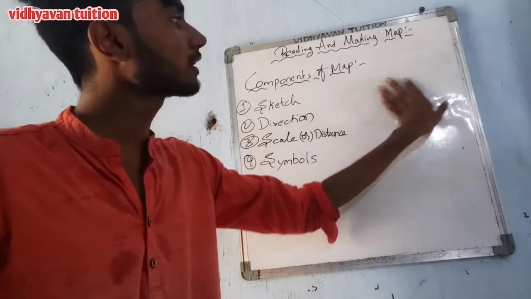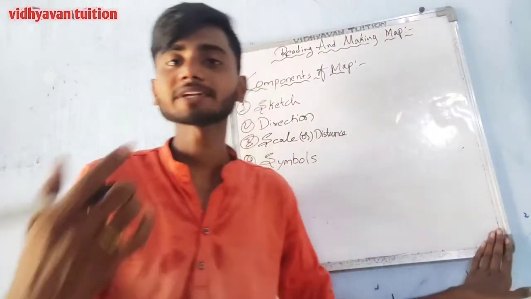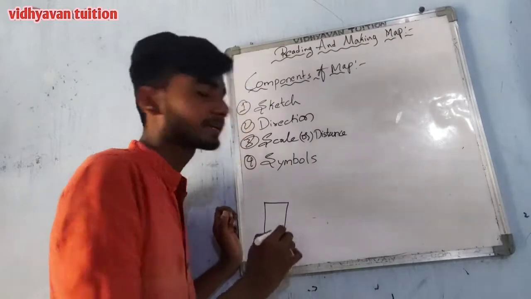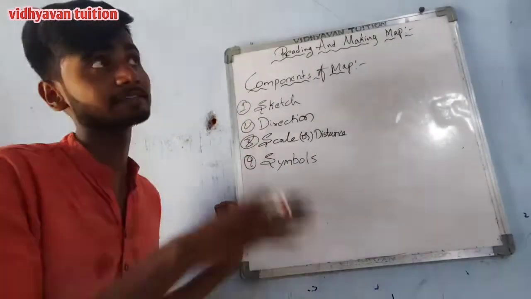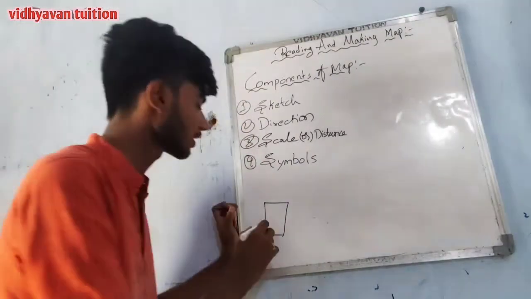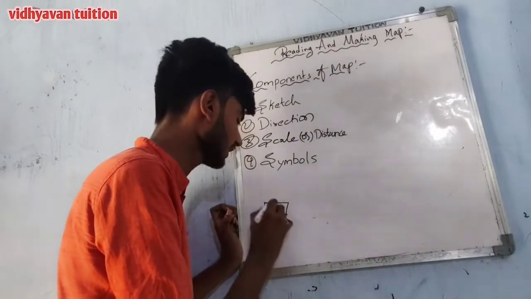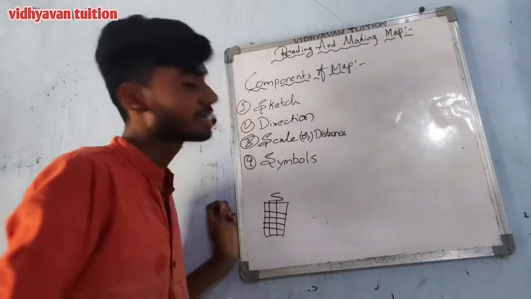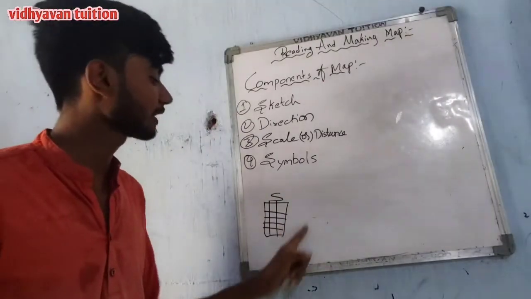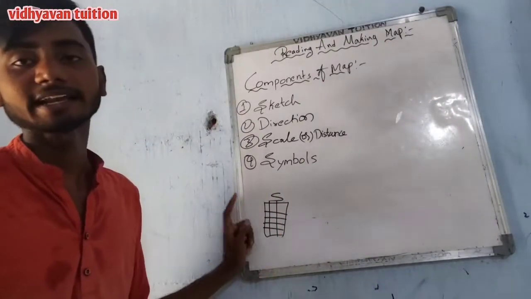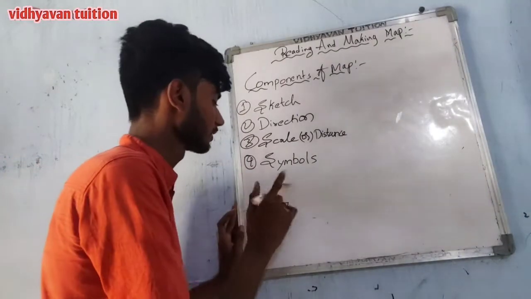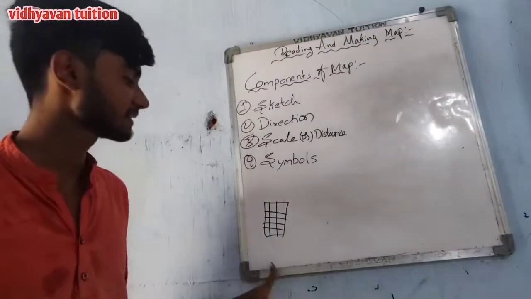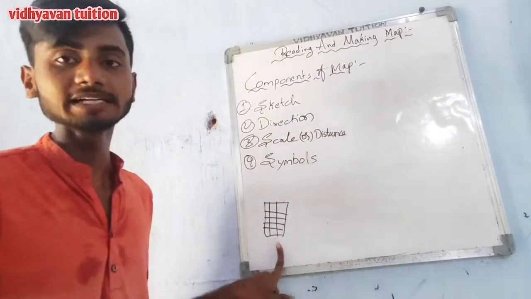But in a map, suppose I ask you to draw a building, can you draw the actual building as it is? No, we can't. What we use is a shortcut: we draw a box like this and mention S, which means we have to assume that it is a building.